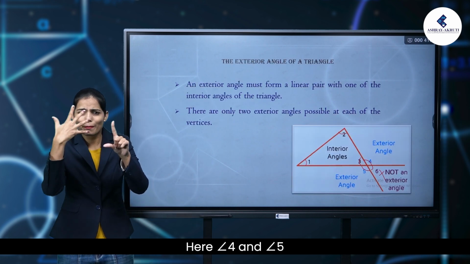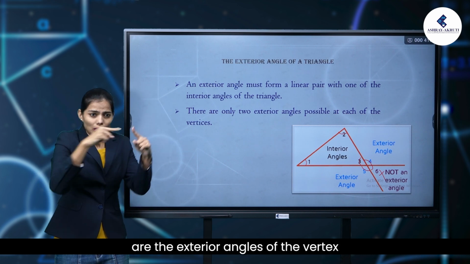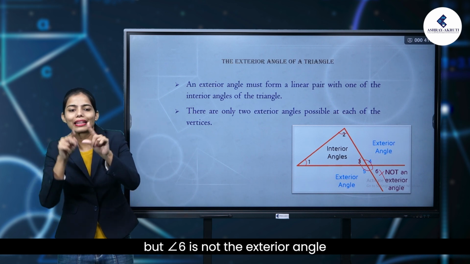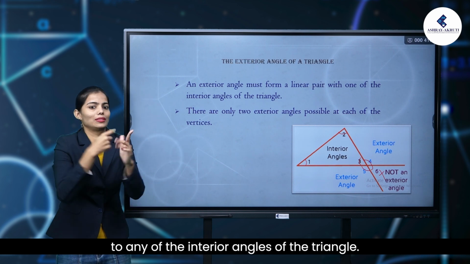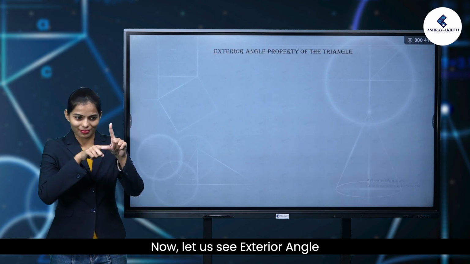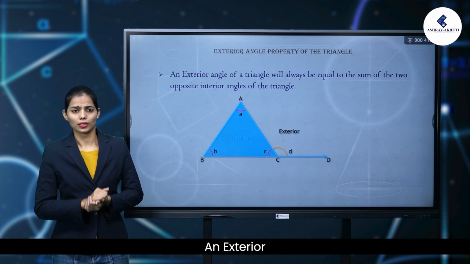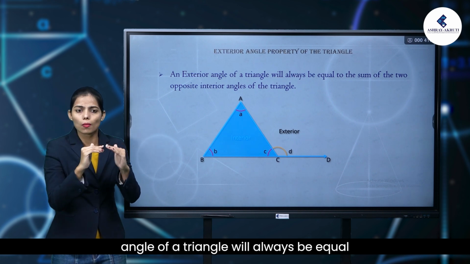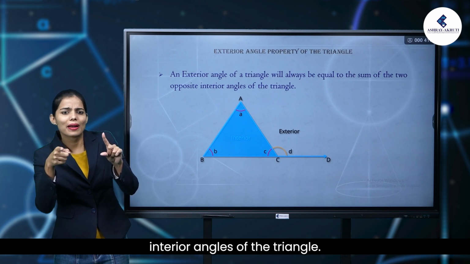Here, angle 4 and angle 5 are the exterior angles of the vertex. But angle 6 is not an exterior angle as it is not adjacent to any of the interior angles of the triangle. Now, let us see the exterior angle property of the triangle. An exterior angle of a triangle will always be equal to the sum of the two opposite interior angles of the triangle.